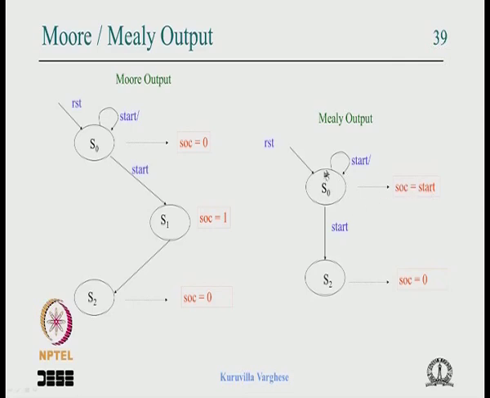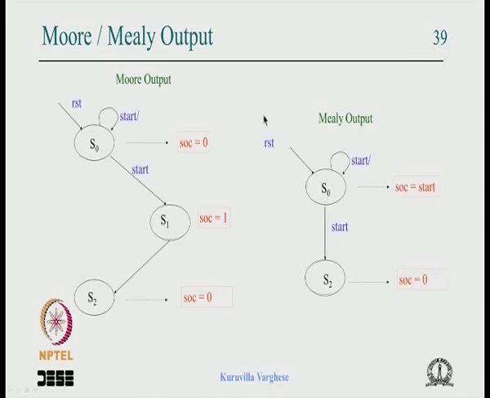That means in this particular state, as long as start is low, SOC is low. When start comes high, SOC is high. That means this SOC is a Mealy output, which is a function of the input start signal and the present state. So we are decoding the present state.